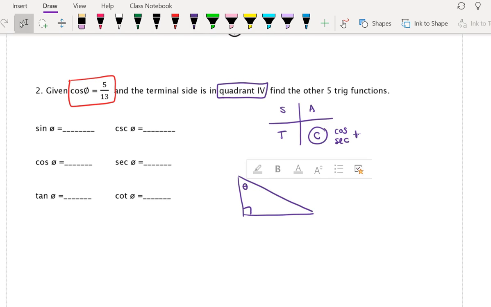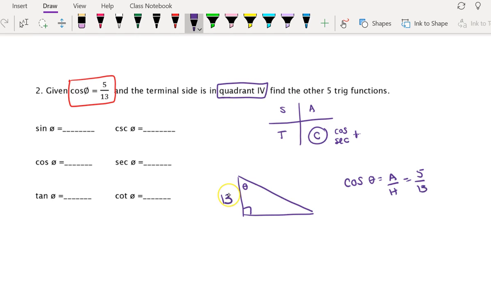Cosine is adjacent over hypotenuse, and if that's 5/13, then the adjacent is 5 and the hypotenuse is 13, which means this is another special triangle, a Pythagorean triple, a 5, 12, 13.